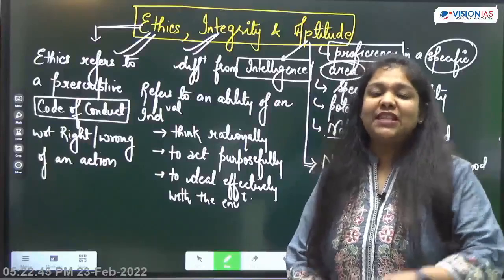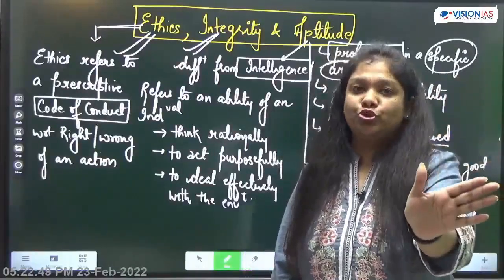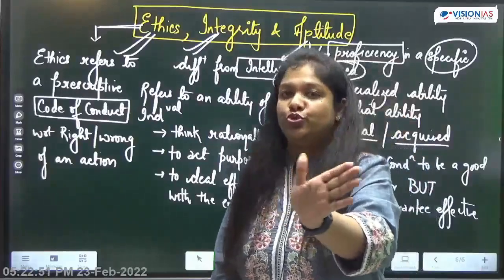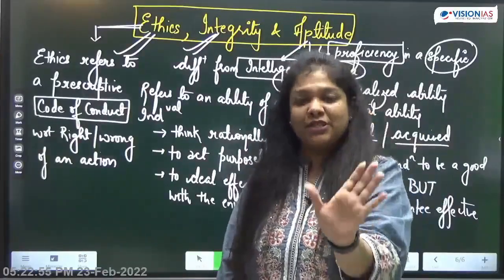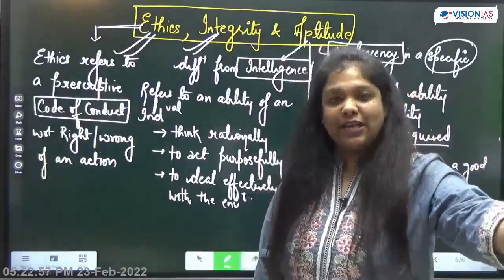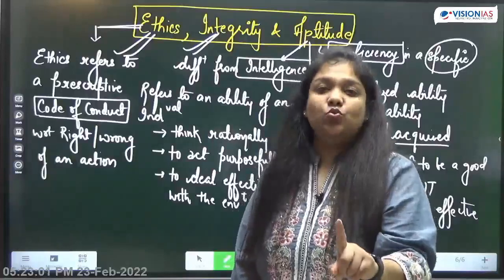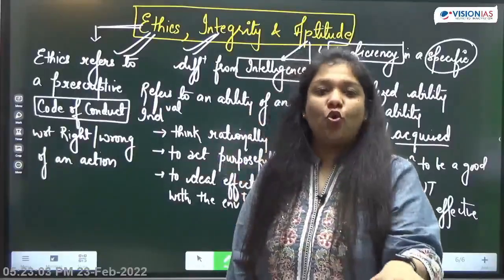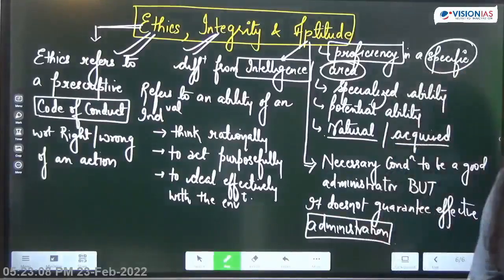So ethics is like a prescription to tell you what you are supposed to do and what you are not supposed to do. Like a doctor gives a prescription saying you have to take these medicines, in the same way ethics is a prescription which tells you what is right and what is wrong with respect to your action. Is that clear?